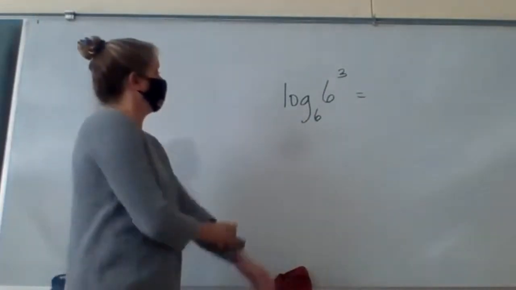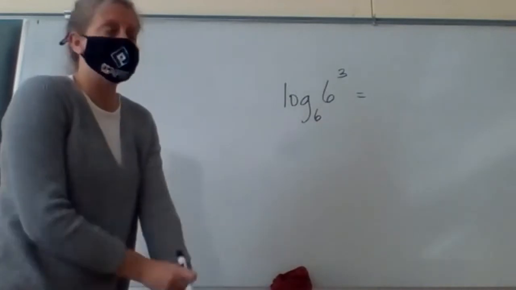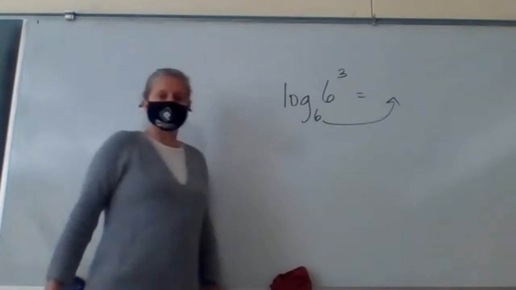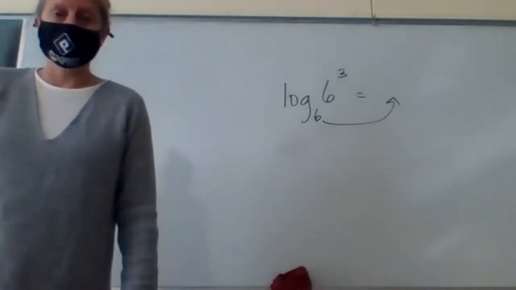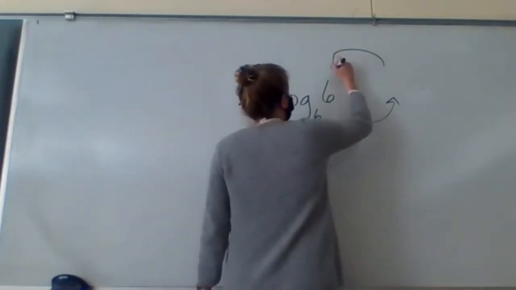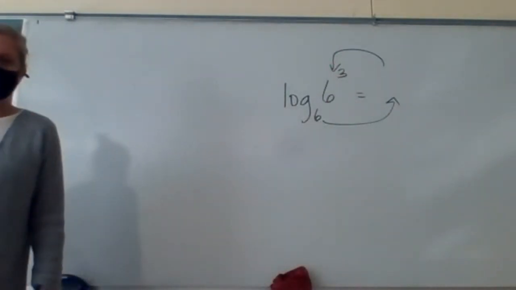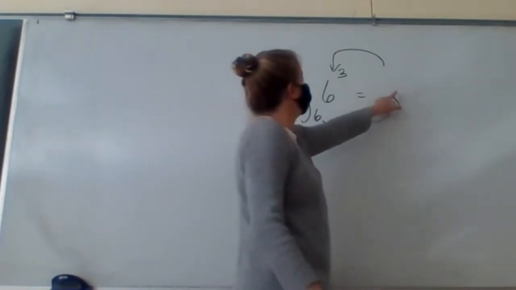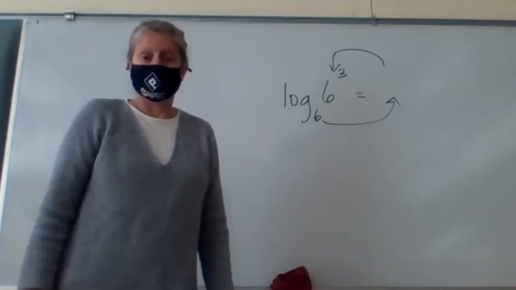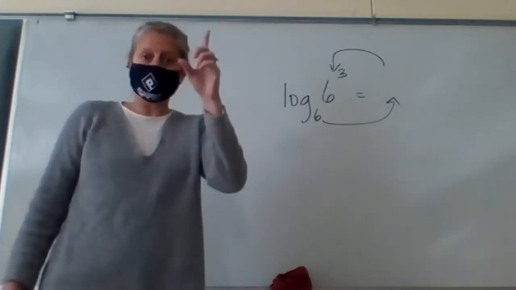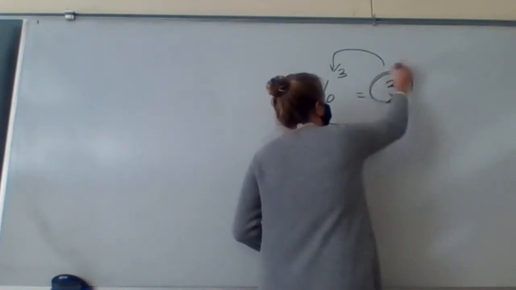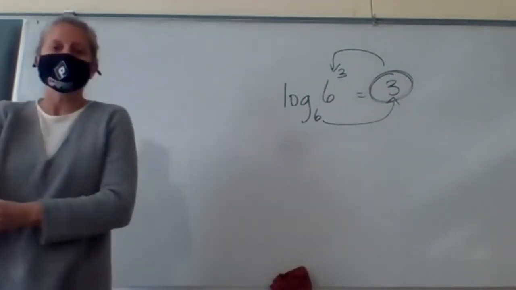You could put that in your calculator. Or if you know what this means, what does this mean? 6 to that power should equal that. So 6 to what power equals 6 to the third power? 3, right? 6 to the third equals 6 to the third. So this missing number right here, the logarithm, is 3.